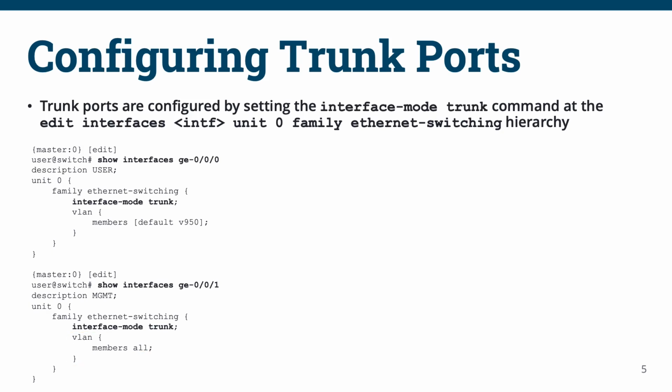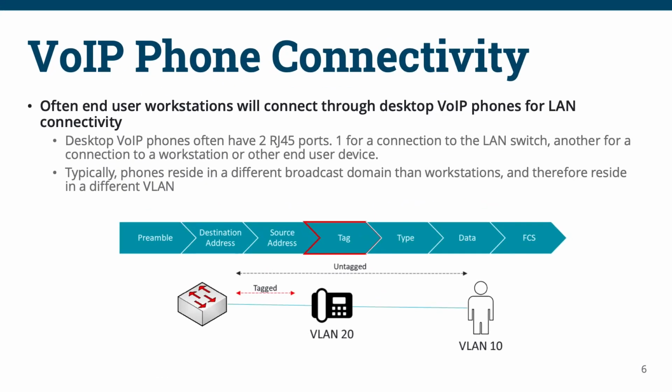Now that we know how to configure a trunk port, let's take a closer look at the voice VLAN. Many voice over IP phones will have two RJ45 ports. One port is meant to be connected to the network switch, and the other connected to the workstation.